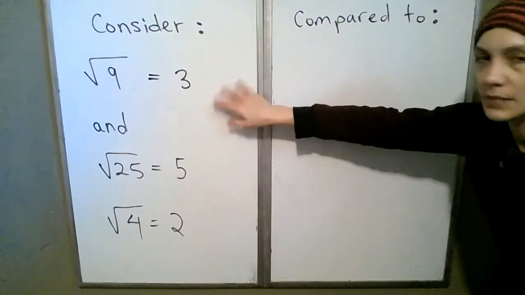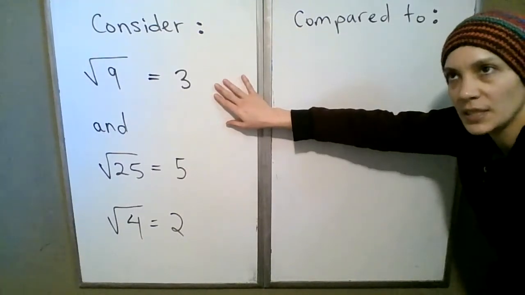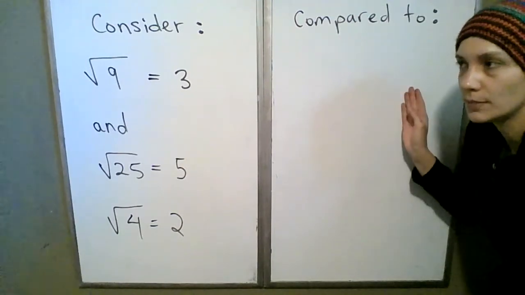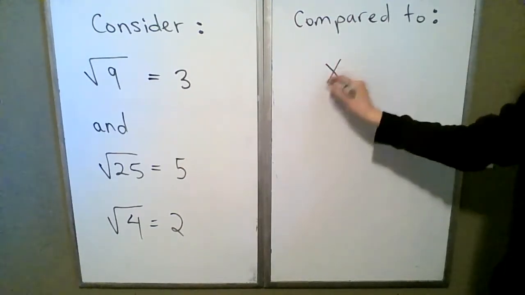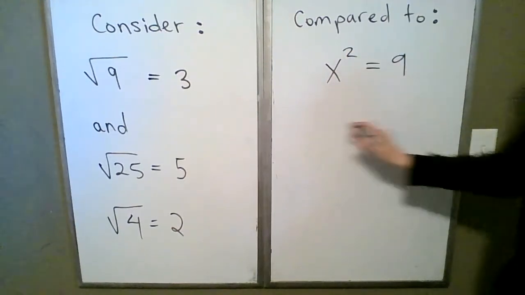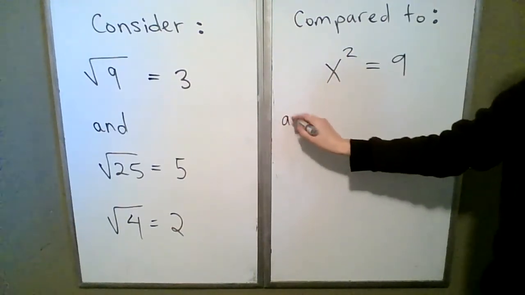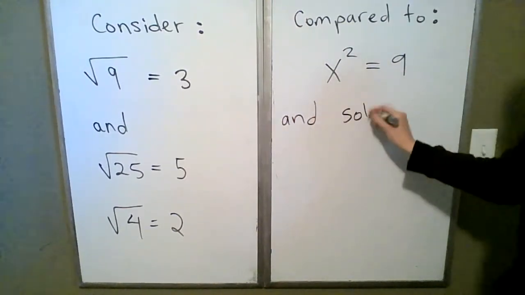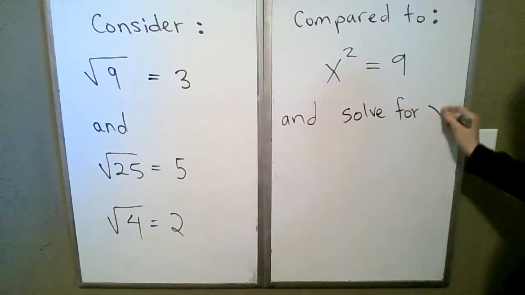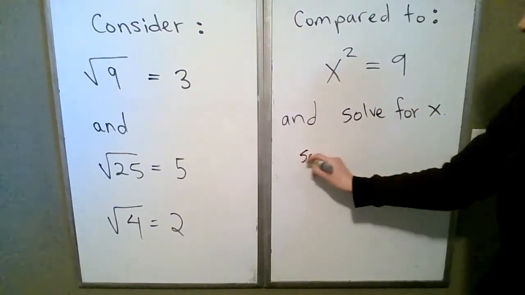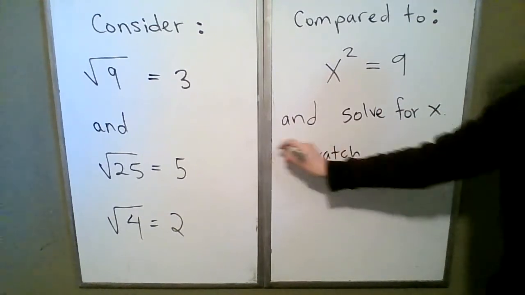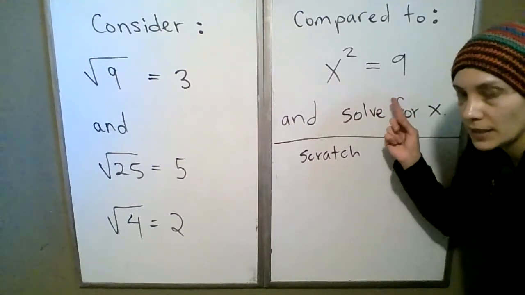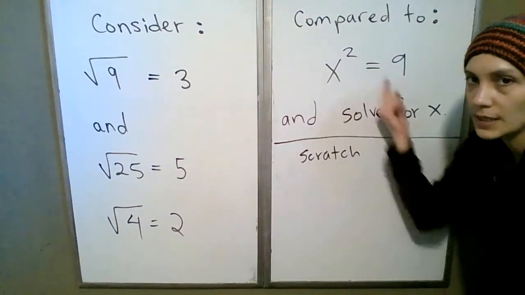Let's look at something similar to this. Instead, we're going to have x squared equal to 9, and you want to solve for x. Possible values of x, you could use 3. 3 squared is 9.